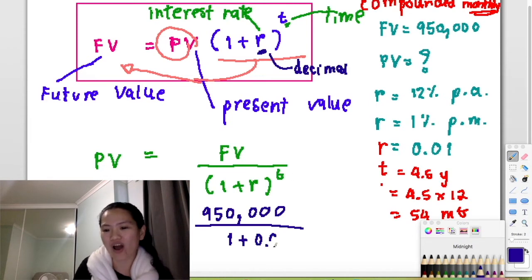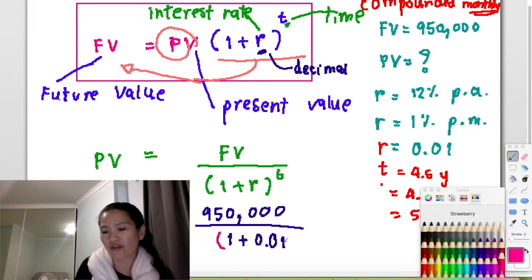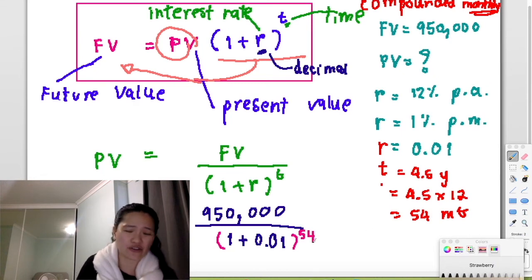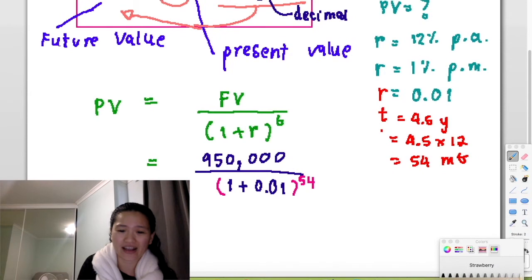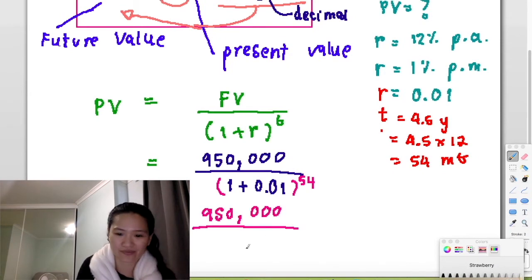0.01 and all of them the power with 4.5 years that equal 54 months. 54 here. What you do is very easy. You just use your calculator. 1.01 to power 54.